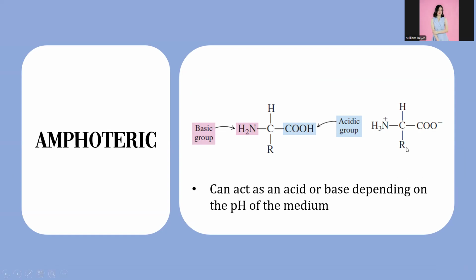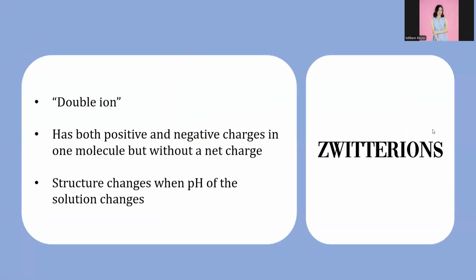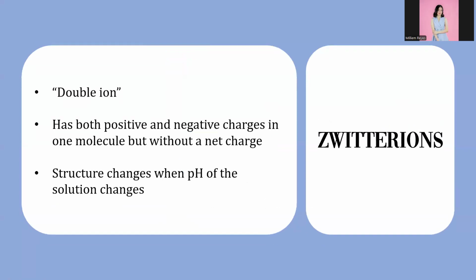Again, when you are in neutral solution, you will have this Zwitter ion form, which has both a positive group and a negative group. So ano ba yung Zwitter ion that I'm talking about? Zwitter ion is just a German term for double ion because it has both a positive and negative charge. And because they have both a positive and negative charge, they will cancel each other out and walang net charge yung magiging molecule mo.